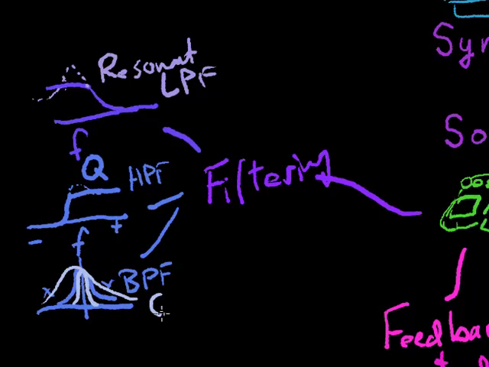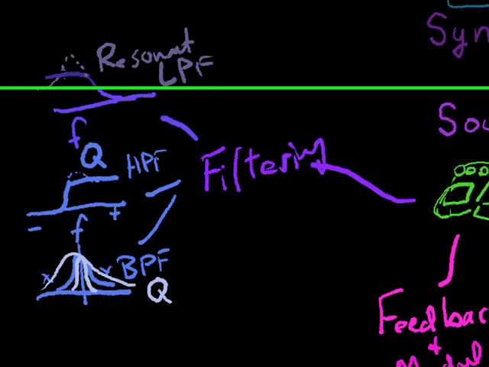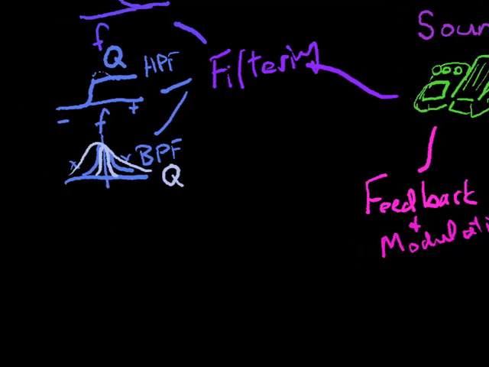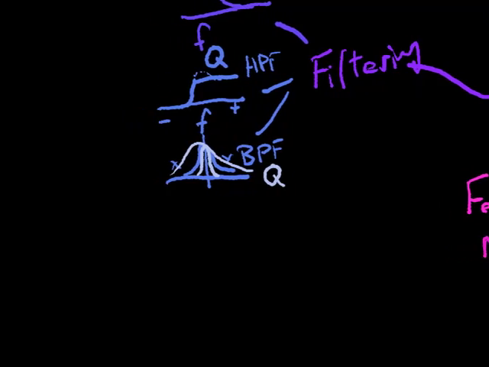This is really where the term Q comes from: the better quality your filter is, the narrower the band is. It originally had to do with radio stations, whether you could pick up a radio station with your tuner. Okay, now those are the three simple types of filters.